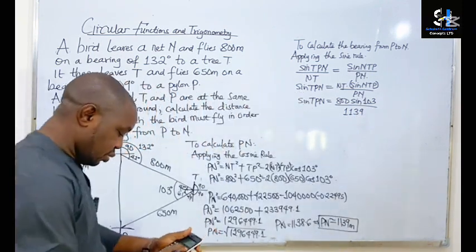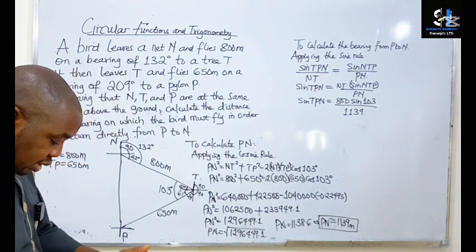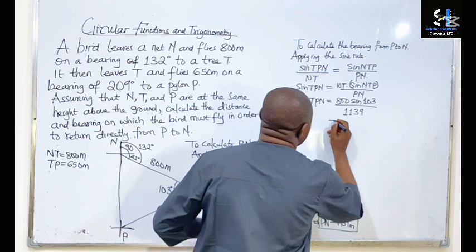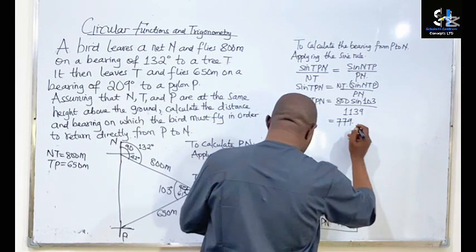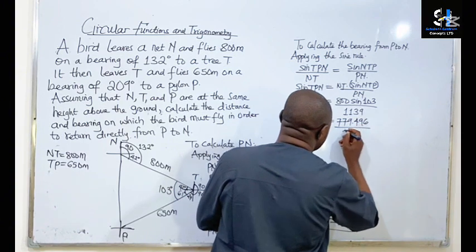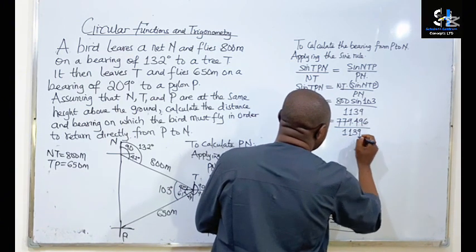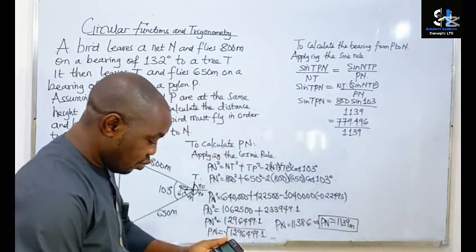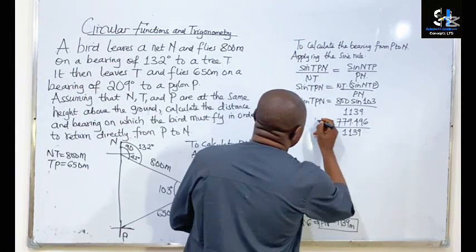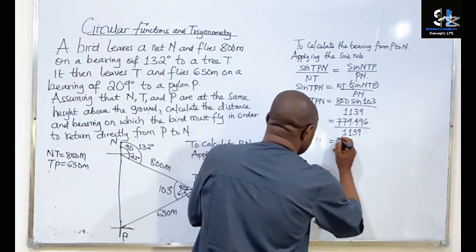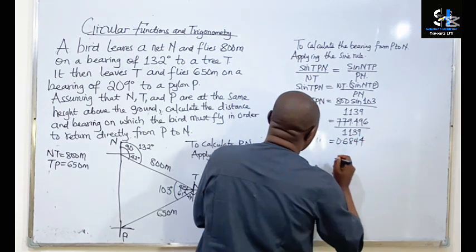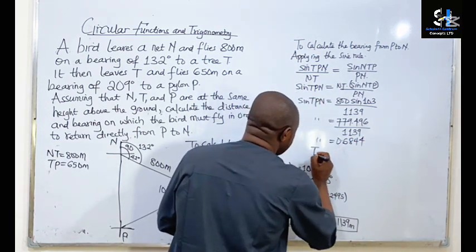What is 800 sine 103? That will be 779.496. Dividing that by 1139, that will be equal to 0.68444.